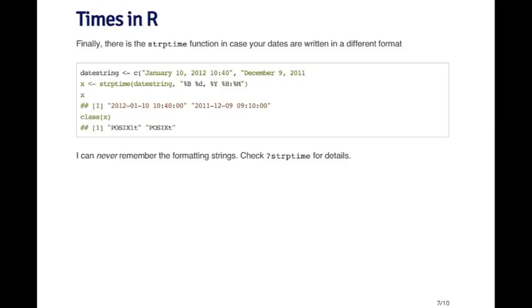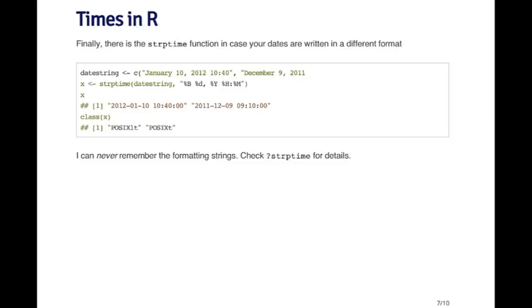And then I have another string that says December 9th, 2012, 9:10. So if I want to convert these strings to time objects, I can use the strptime function. What I do is I pass it the character vector, and then I pass it a format string. So in this case, you'll see all these percent signs followed by letters, and then you can look up what these symbols mean in the help page for strptime.